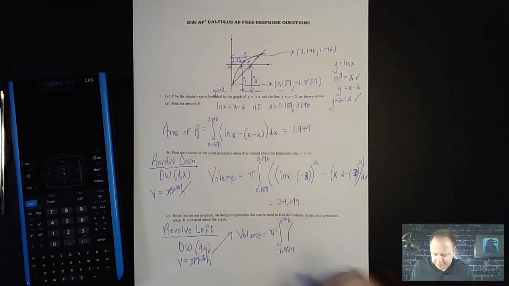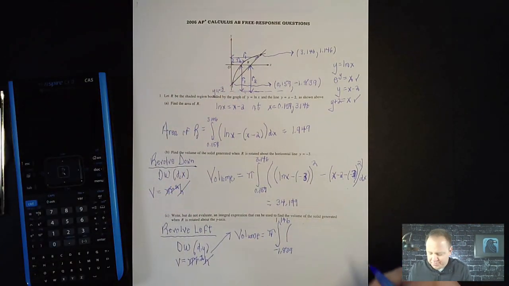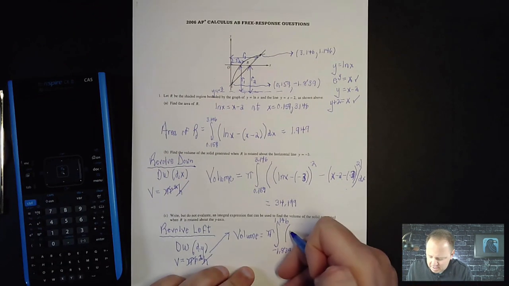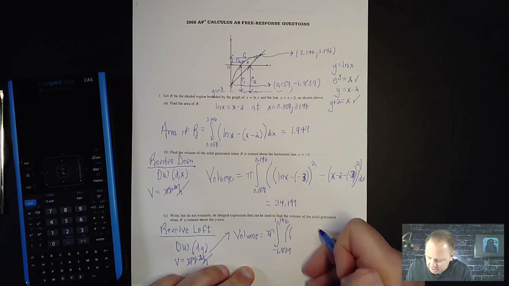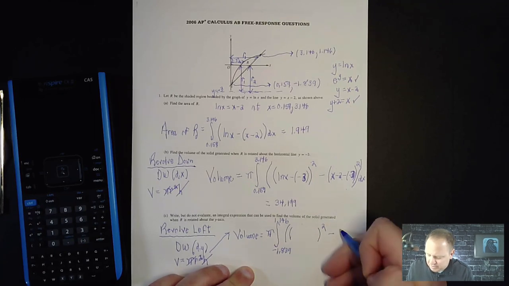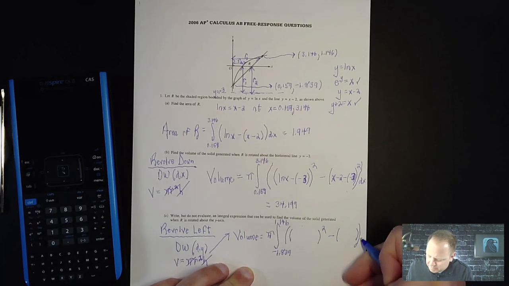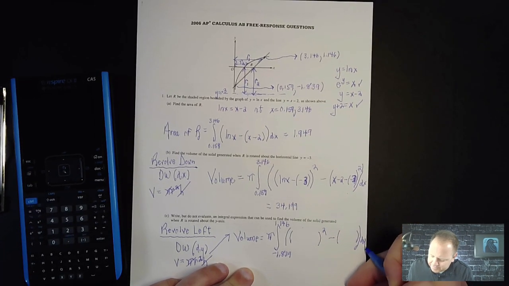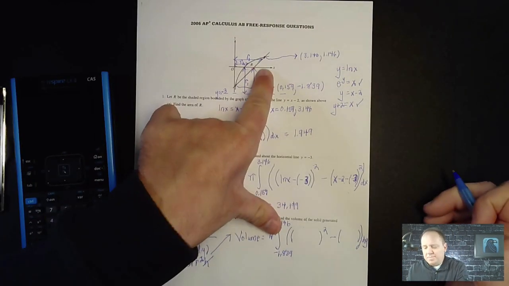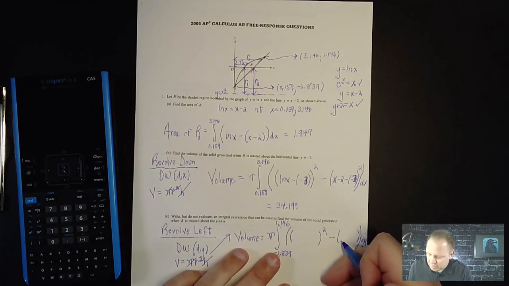Now remember, that's going to allow me to accumulate the height of this thing, right? That's how I always visualize or have my students think about this. But I do have a wash situation. So I need to go radius squared minus radius squared, but this better be in terms of y. Now I need to go right minus left for my biggest radius, which is actually the line. That's going to be what?